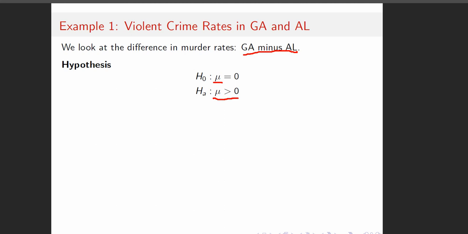And why are we doing greater than 0? Well, unfortunately, from the graphics we looked at, it does appear that we should check to see if there is a significant difference and to see if Georgia has a murder rate over the time period that is significantly greater than Alabama. Okay, so that's the hypothesis we're taking a look at.